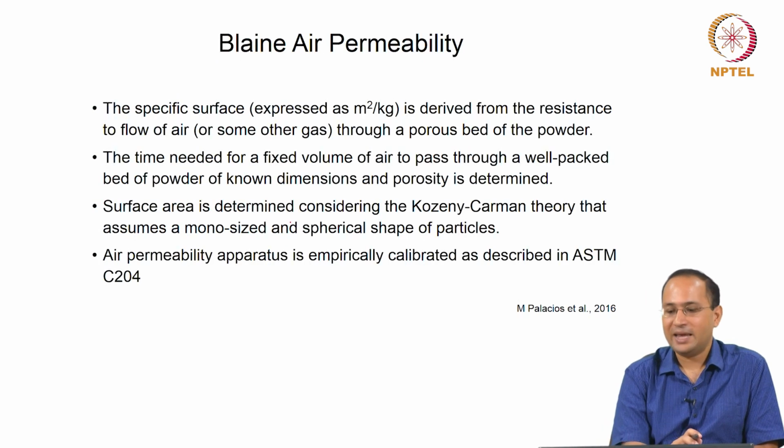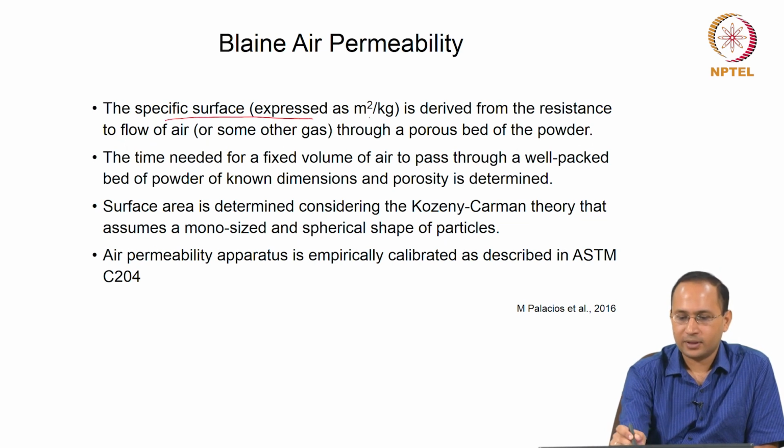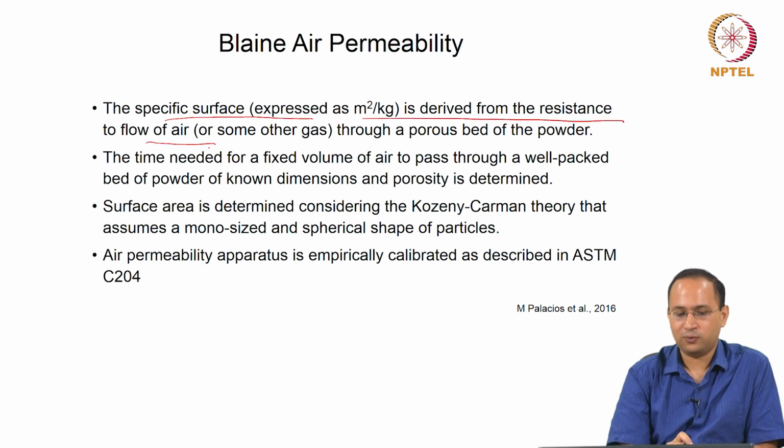So, what is the Blaine permeability test? Basically, it is derived from the resistance to flow of air through a porous bed of powder. So, you have a porous bed of powder, and we are measuring the resistance to flow of air through it.